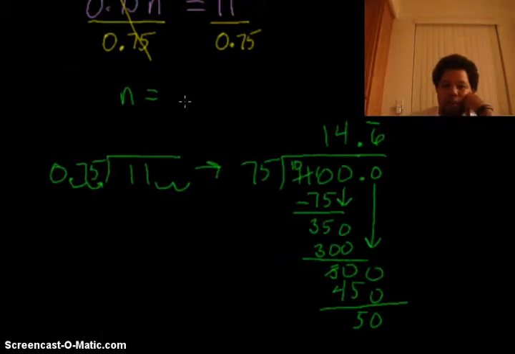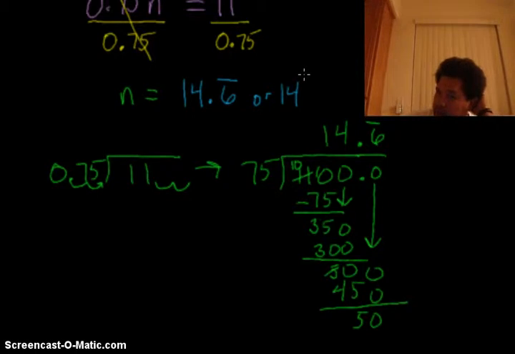So n is going to equal 14.6 repeating, or 14 and 2/3.